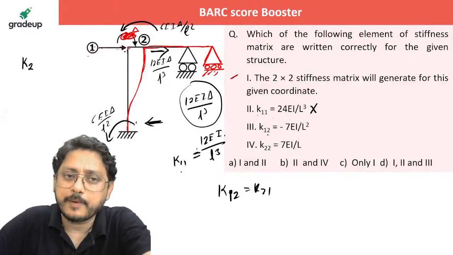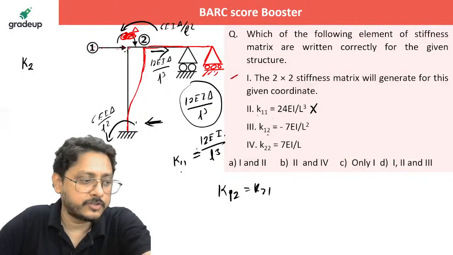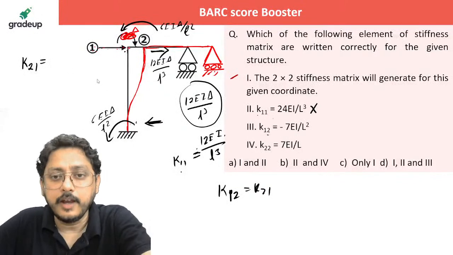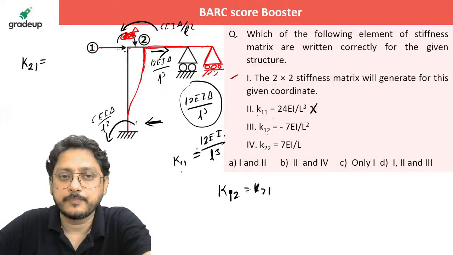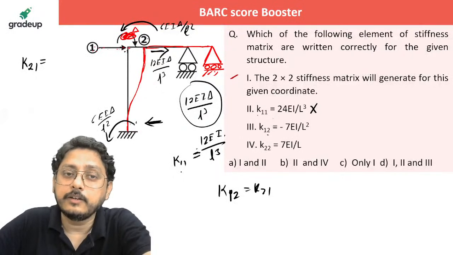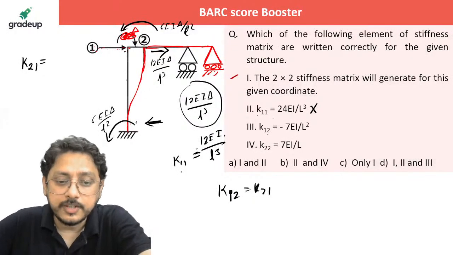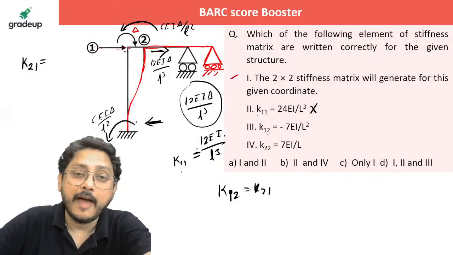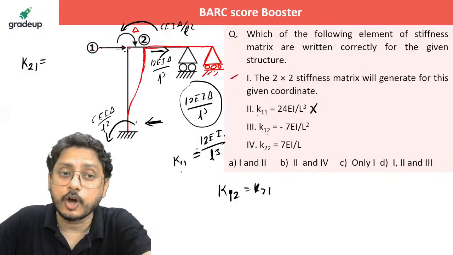So directly, I have already seen the deflected shape. Here I will calculate K21. What is the meaning of K21? It is the force generated in coordinate direction 2. If you see carefully, the coordinate direction 2 is in the clockwise direction, and the force generated is in the anti-clockwise direction, so a minus sign will occur.